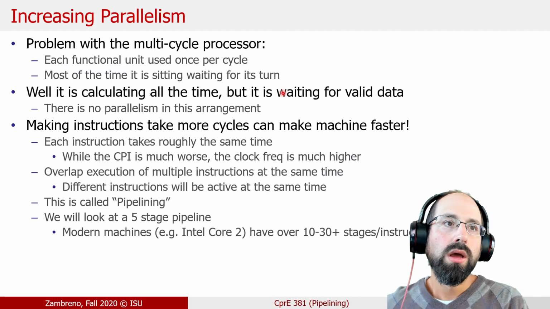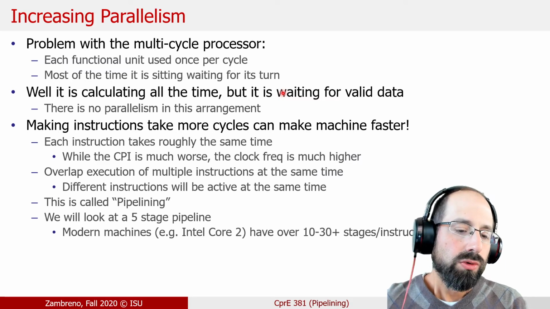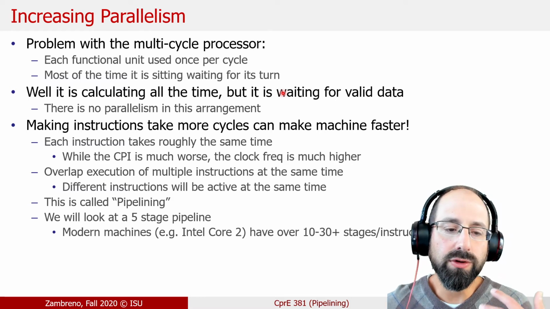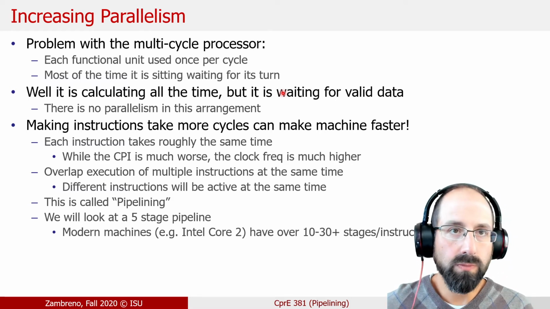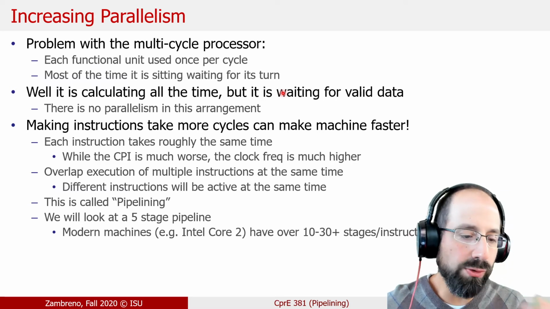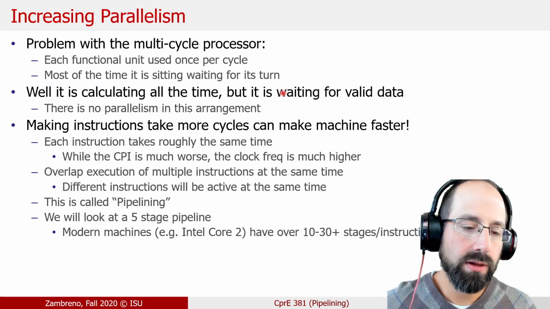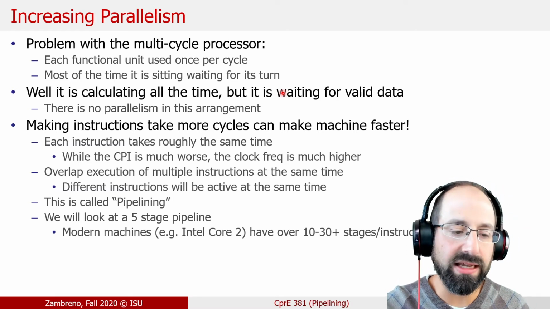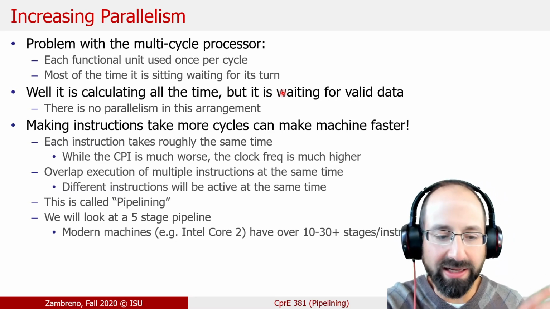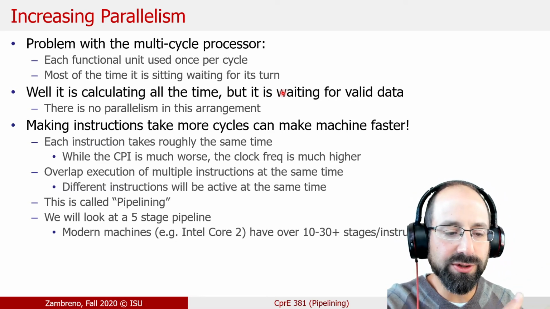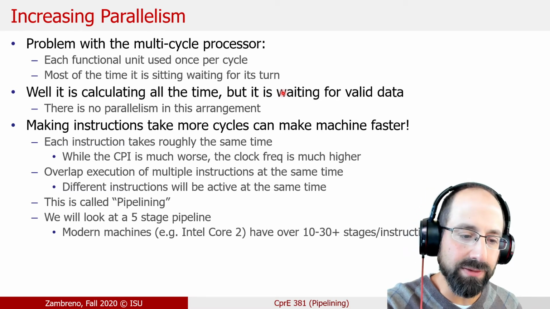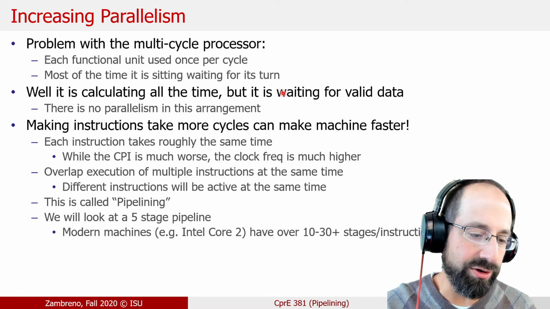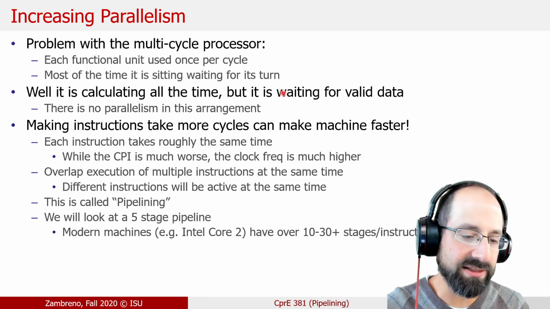Okay, so part of that motivation is we have those functional units, and generally, we're only using them once per cycle. But if we think about the ALU, for instance, in our multi-cycle implementation, it's only for certain states in our state machine that the ALU is actually doing something meaningful for the instruction's execution.